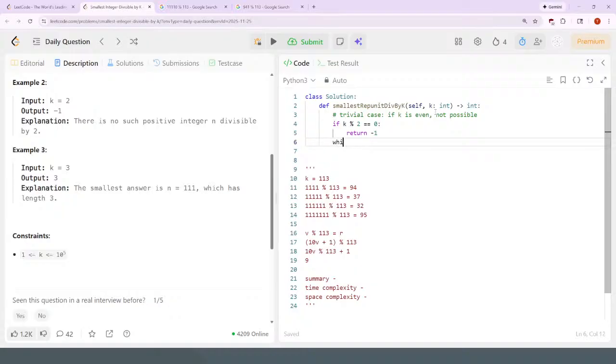So while the remainder, I guess your initial remainder is 1, right?